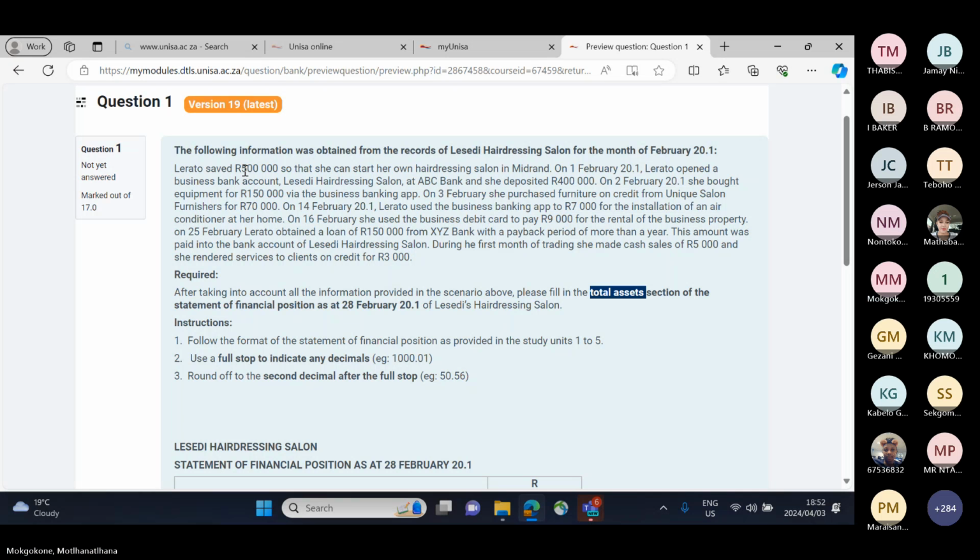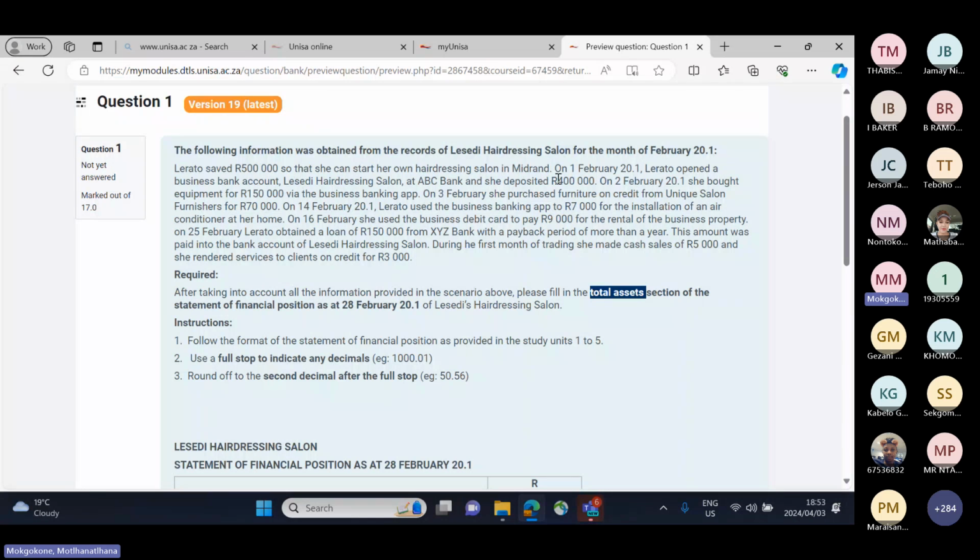Lerato saved 500 so that she can start her own hairdressing salon in Meetin. On February 20.1, Lerato opened a business bank account, Lesedi Hairdressing Salon, at ABC Bank, and she deposited 400 out of the savings of 500.